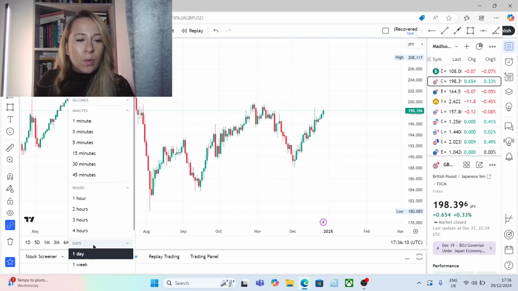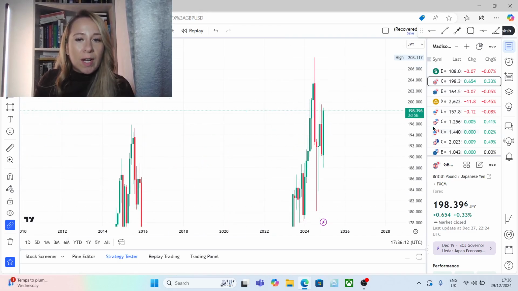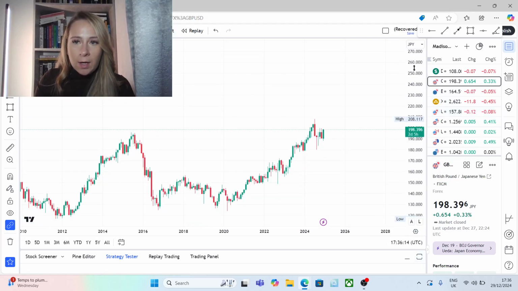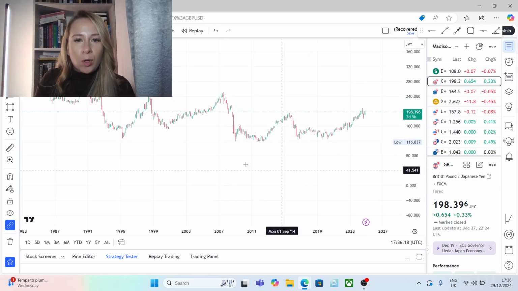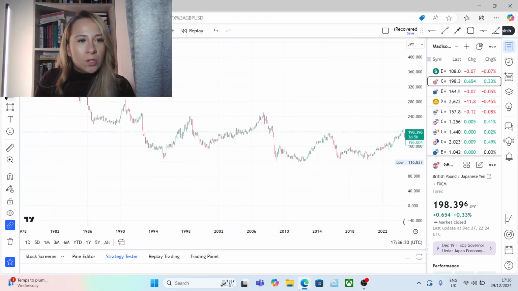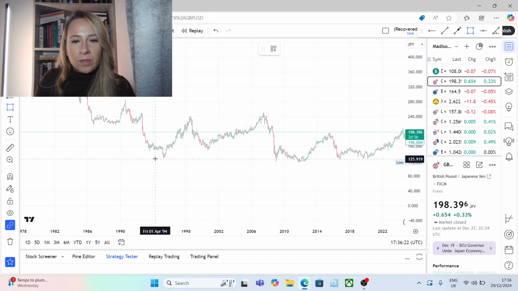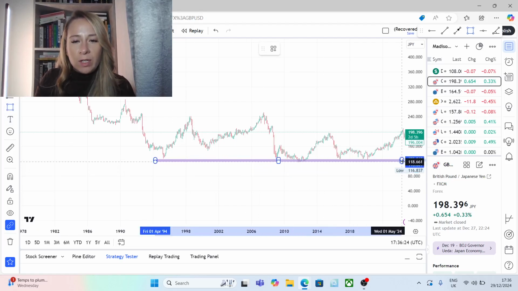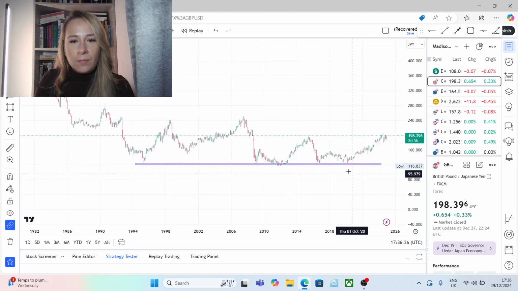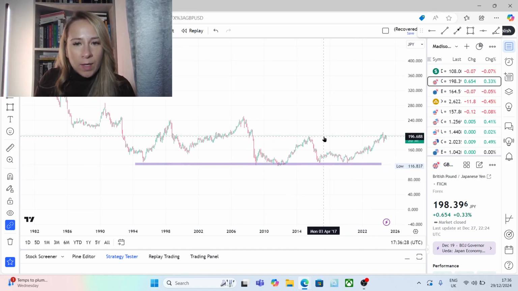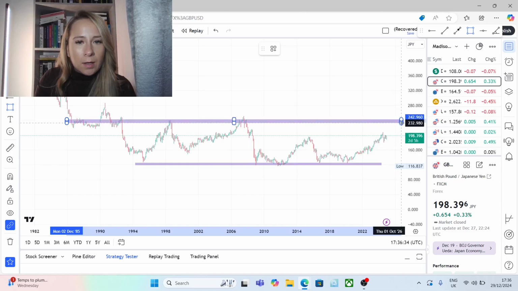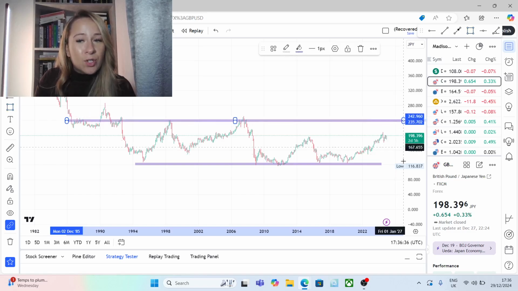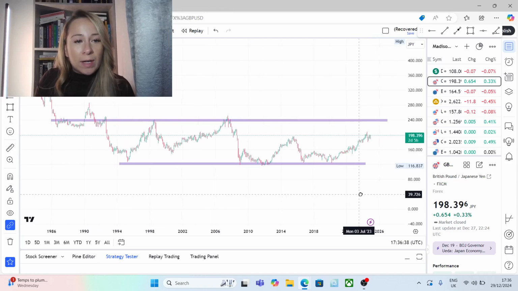GBP JPY, which I used to trade quite heavily. Haven't really marked this up properly in a while, so just a few levels I'm going to draw. You can see we've got a really, really strong support level here. We have this level up here, which I do think price could probably be heading towards, to be honest.